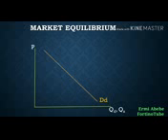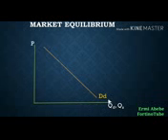and quantity demanded. When we remember the theory of supply, when we draw the graph, on the y-axis similarly we have price and on the x-axis we have quantity supplied.